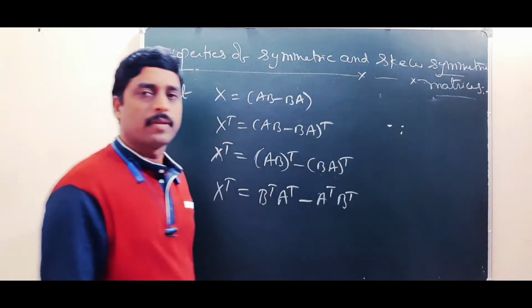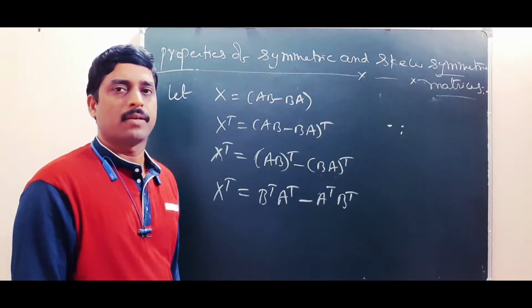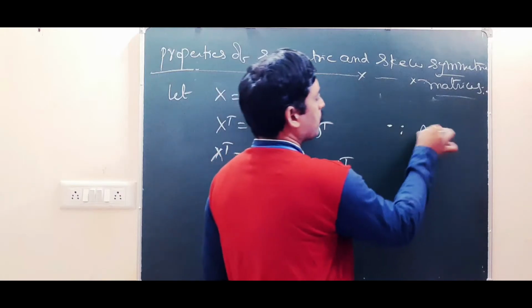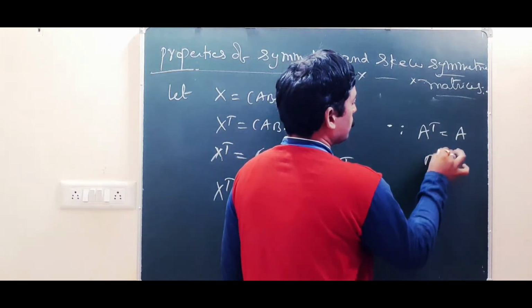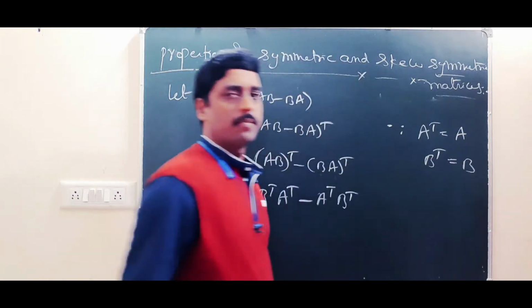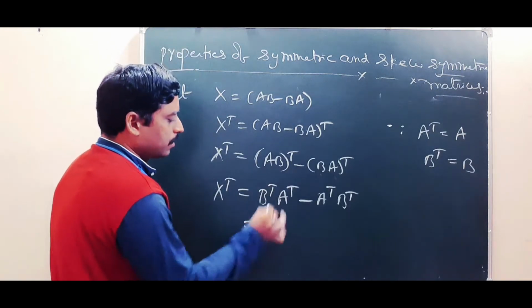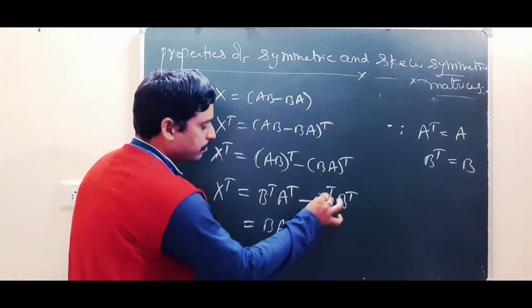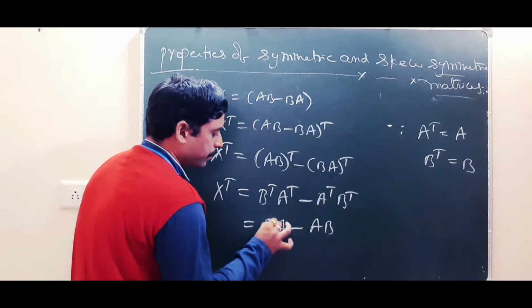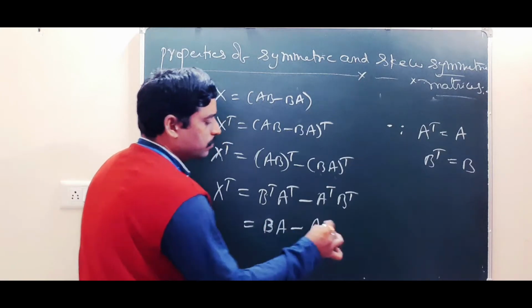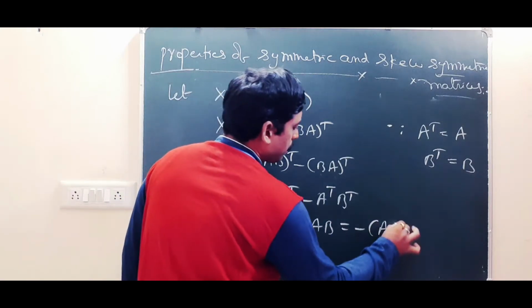Here A and B are symmetric matrices, so transpose of A is equal to A, given, and transpose of B is equal to B, given. So we write B A minus A B. Taking minus 1 common, we get minus of (AB minus BA).